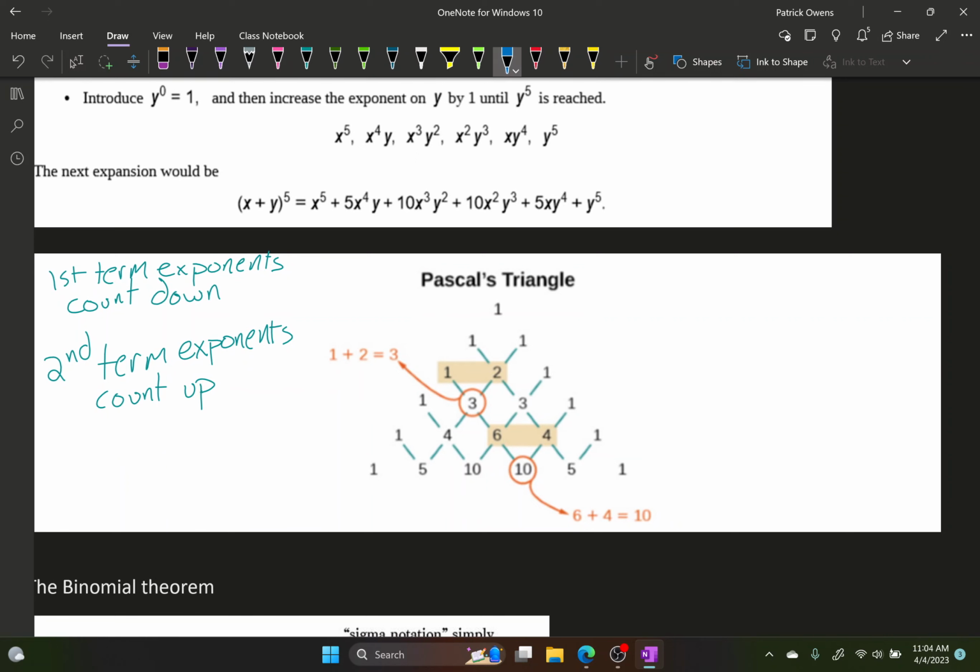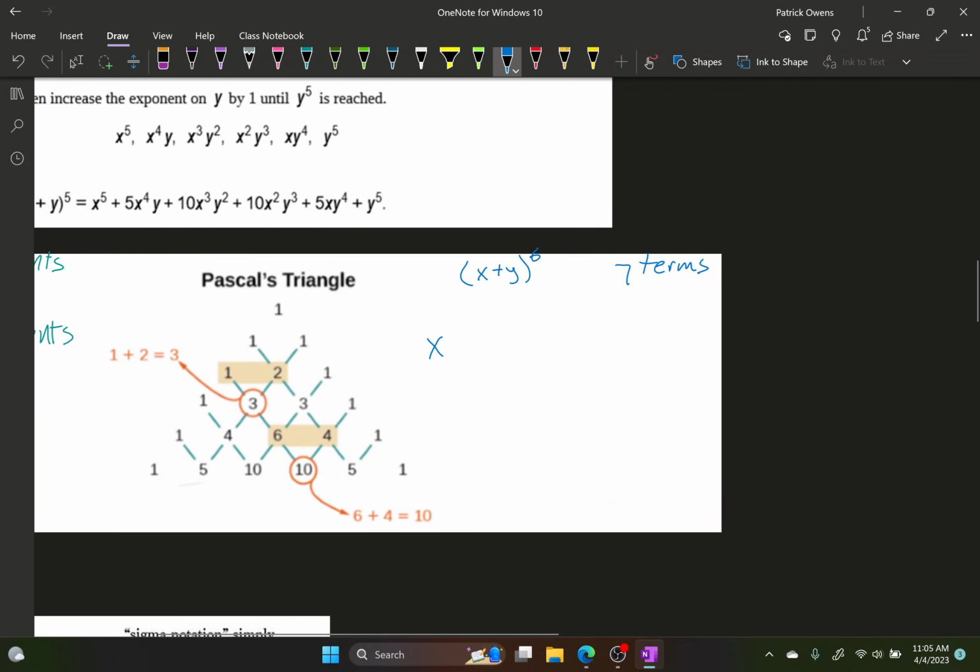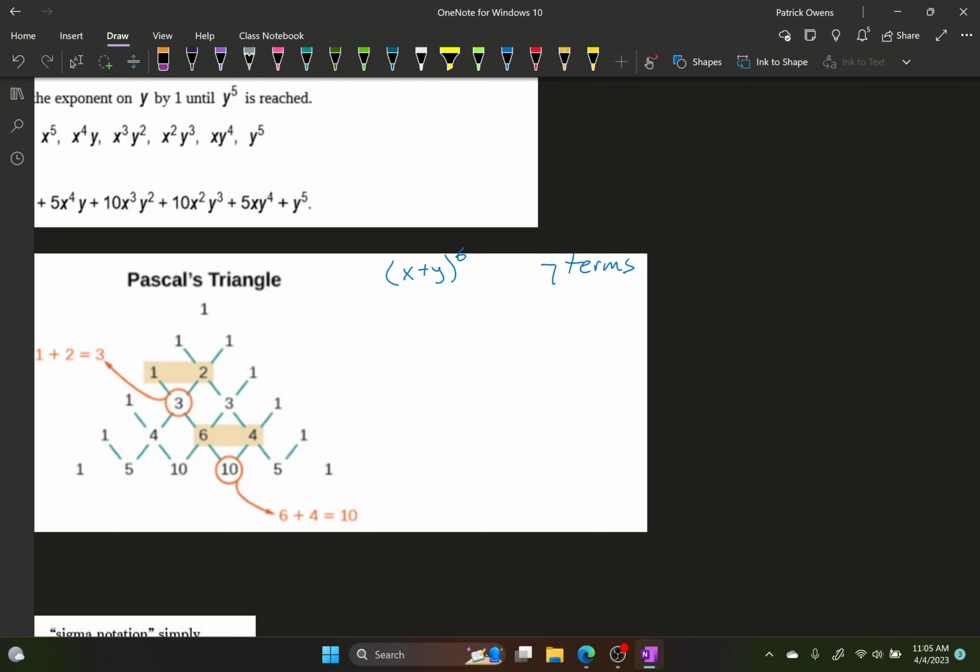So for example, let's look at, say, x plus y to the 6th. We know that we are going to have 7 terms, because we add 1 to our exponent to find the number of terms. And we know it's going to start out with, and let me just move this over a little, an x to the 6th.